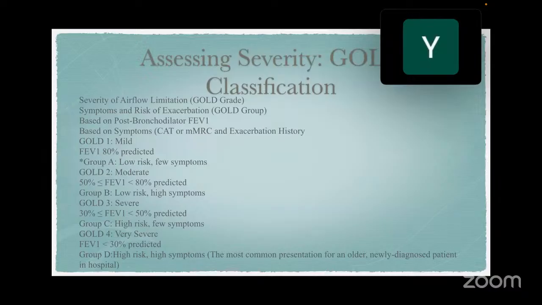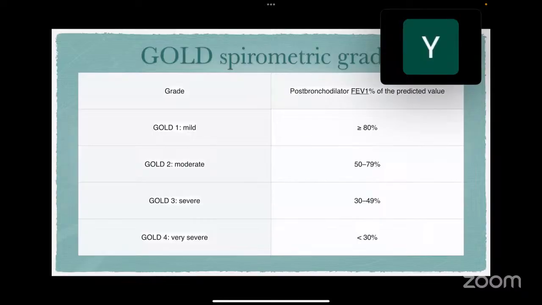Okay, first of all, we will talk about the 1, 2, 3, 4 GOLD classification. As we mentioned, it depends on the FEV1 in comparison to the normal population. Simply, we have three numbers: 80% of the predicted, 50% of the predicted, and 30% of the predicted.